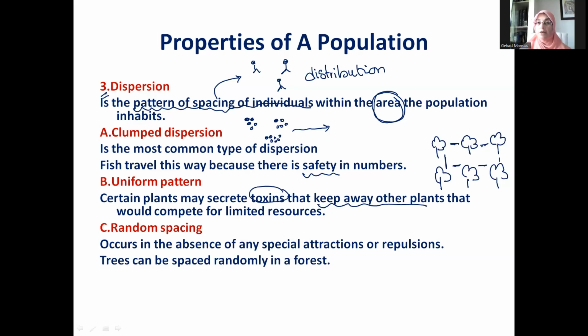Why are they doing this, and how are they doing this? First of all, they secrete chemicals. Those chemicals, when they are secreted by the plants in the soil, of course, by the lowermost part of the plant, reach the soil and diffuse to a certain area.